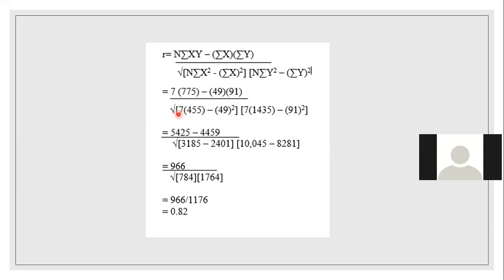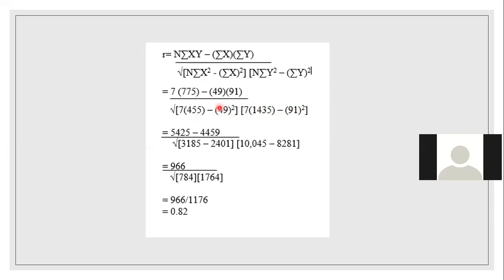So it's n times the sum of x squared minus the sum of x. As you see, this value is always going to be the smaller value because it's what you get from adding up the x's. You square that, times n times the sum of y squared, again, minus the sum of y, the smaller value, squared.